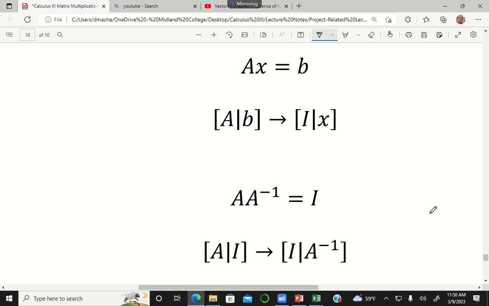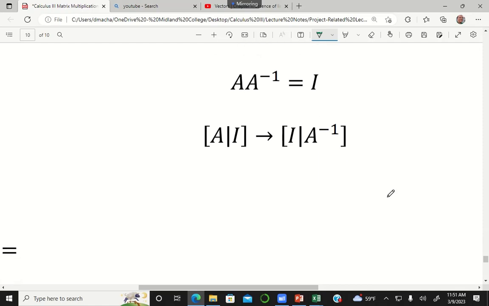And then after I do this Gaussian elimination algorithm, what I should end up with is actually the identity matrix augmented with the inverse matrix. So this is actually the best algorithm for finding the inverse matrix, is doing the Gaussian elimination algorithm, but you augment your original matrix with the identity matrix before doing Gaussian elimination.